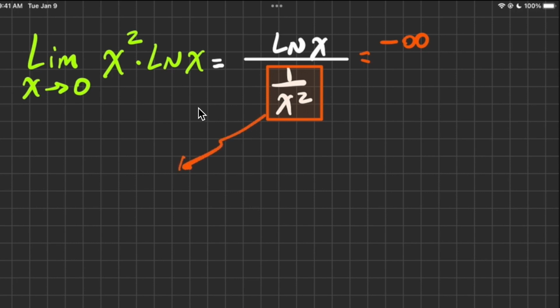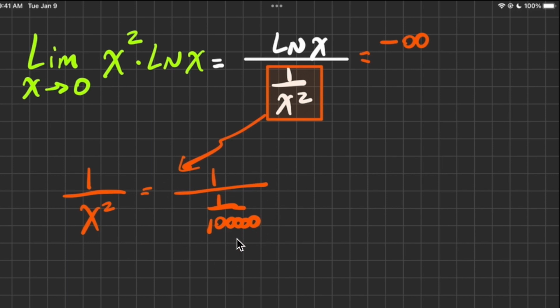So let's do a little separate problem here for the denominator. We're going to have 1 over x squared. Now as x approaches 0, it's going to be a really, really tiny number. So what's a really, really tiny number? 1/millionth. If you have 1/millionth of a pizza pie, it's going to be a tiny, tiny little piece.